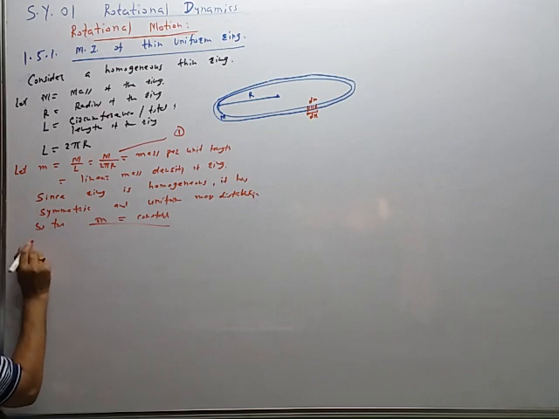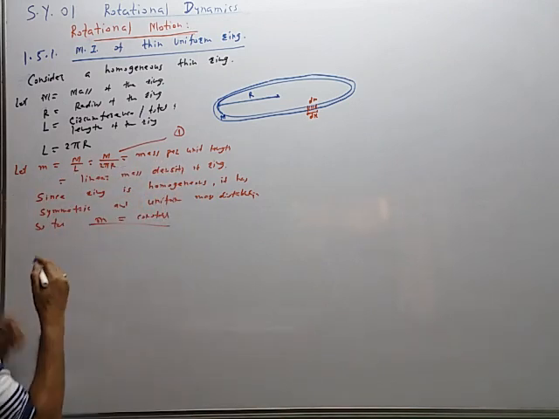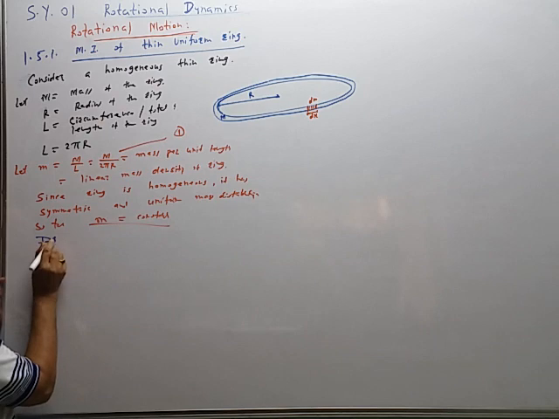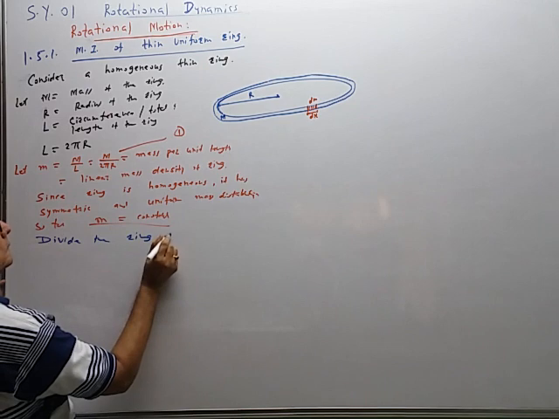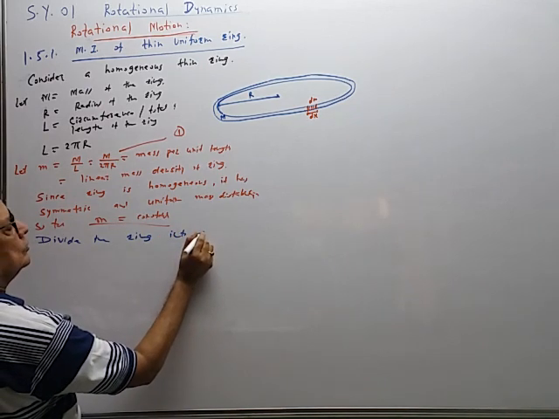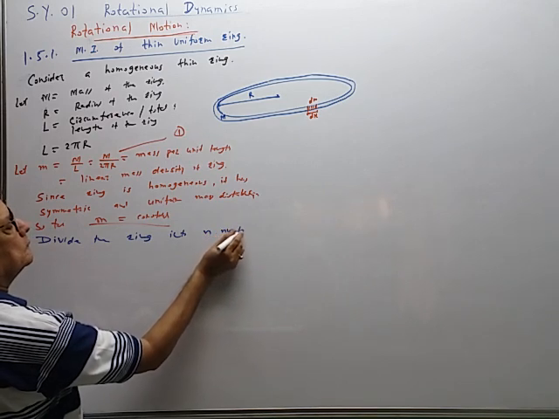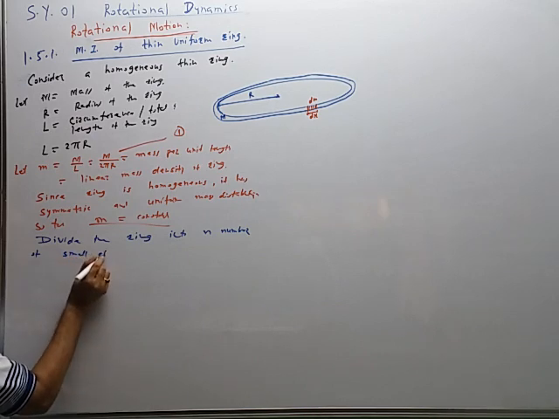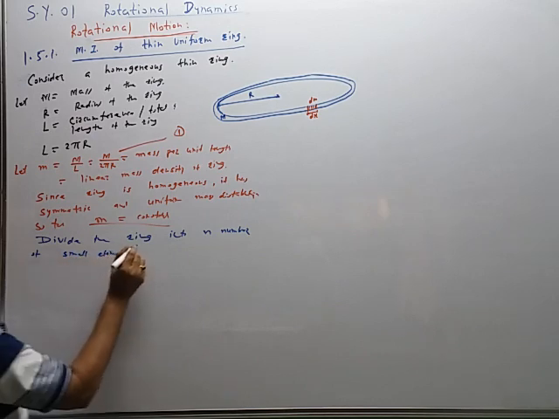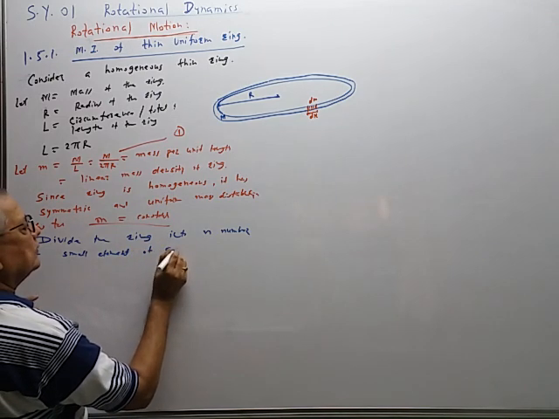The procedure for integration method is like this. Divide the ring into n number of small elements of equal masses.